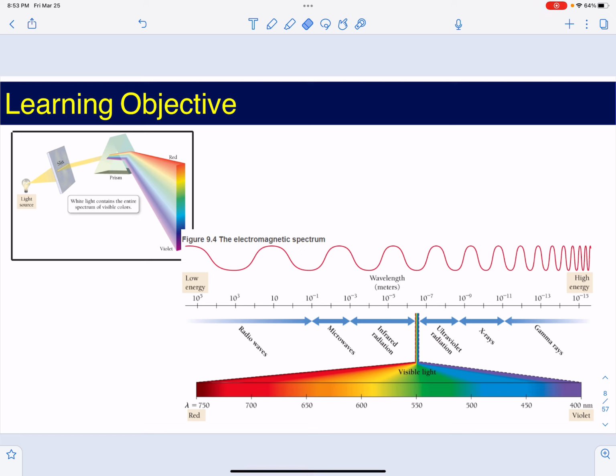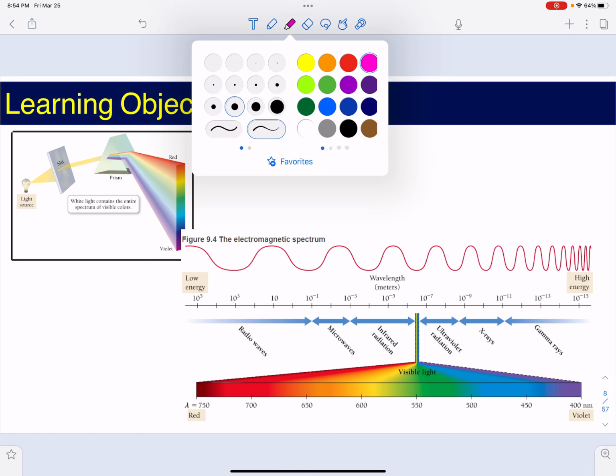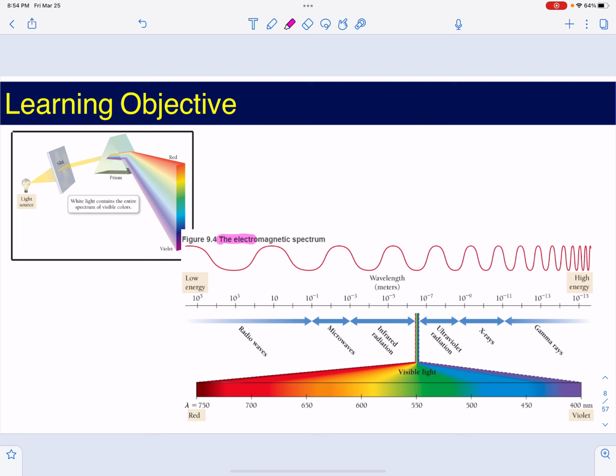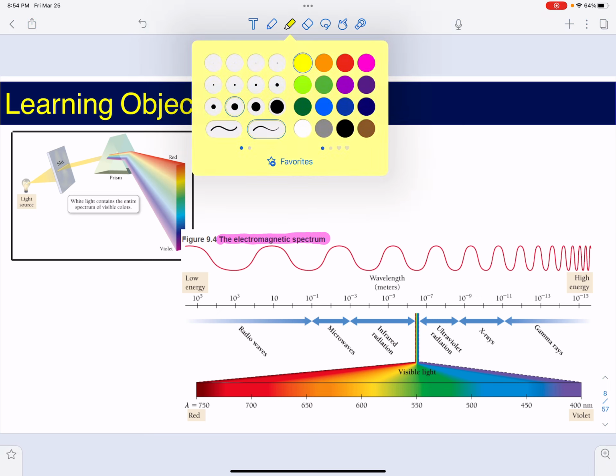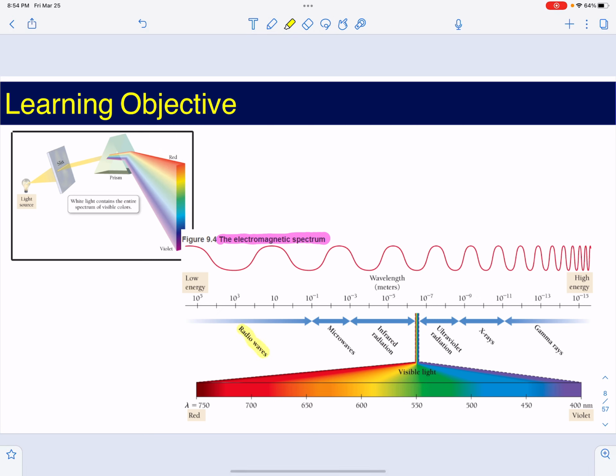So this diagram that you see here is what we call the electromagnetic spectrum. And it tells you all the different types of electromagnetic radiation that we have.